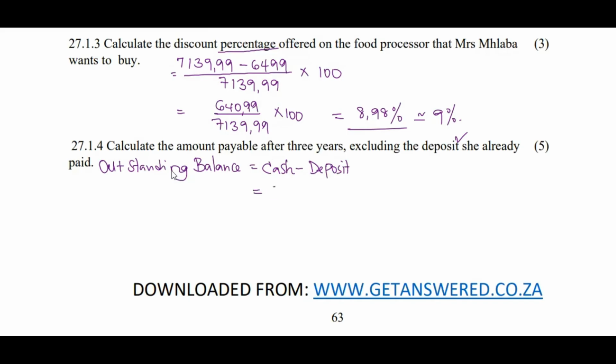Remember, the cash money is 6,499 rands minus the deposit, which we saw already as 974 rands 85 cents. First and foremost, we need to look for the outstanding balance. That's what I'm doing now. So our outstanding balance is this much.